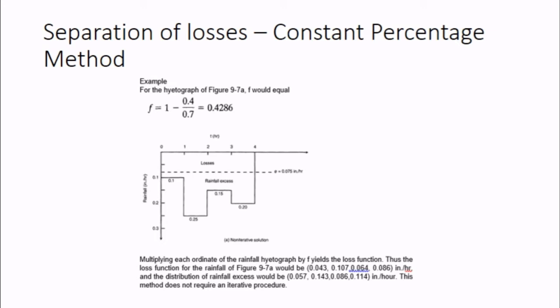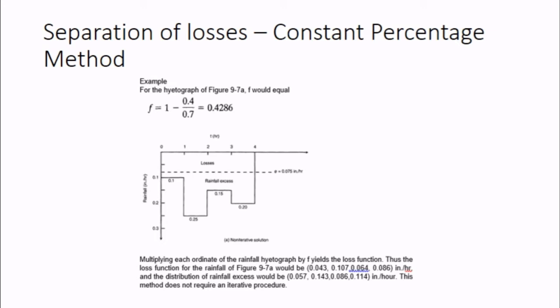Multiplying each ordinate of the rainfall hyetograph by F yields the loss function. Thus, the loss function for the rainfall of figure 9-7A would be 0.043 and so on. And the distribution of rainfall excess would be, okay, it seems I placed the wrong figure. But check it in the book. So, this is F, the loss function.